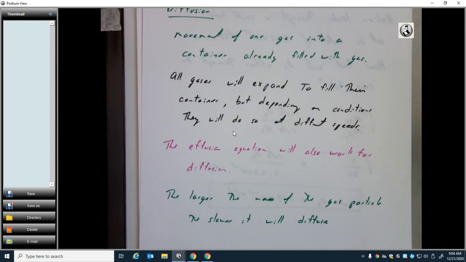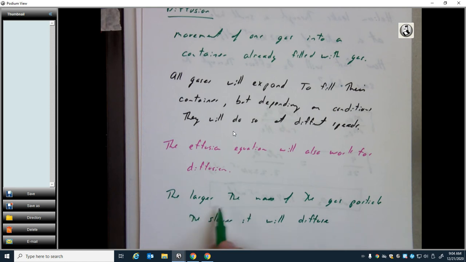Now remember, what happens to the velocity of our gas particles as it gets bigger? As our gas particle gets bigger, the speeds slow down. So it really does make sense that it's going to diffuse slower through that gas. Right? Good. So that's diffusion.